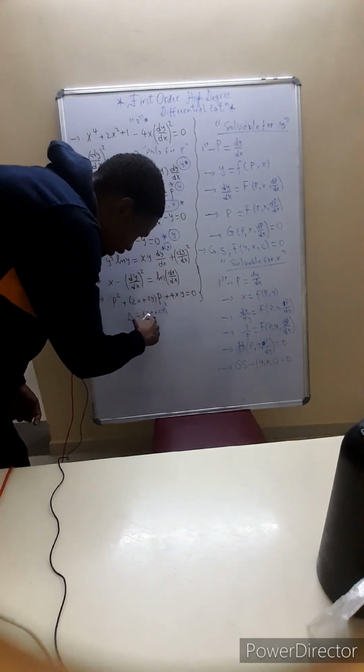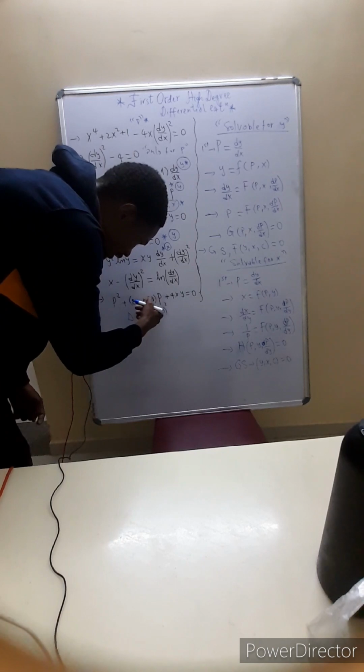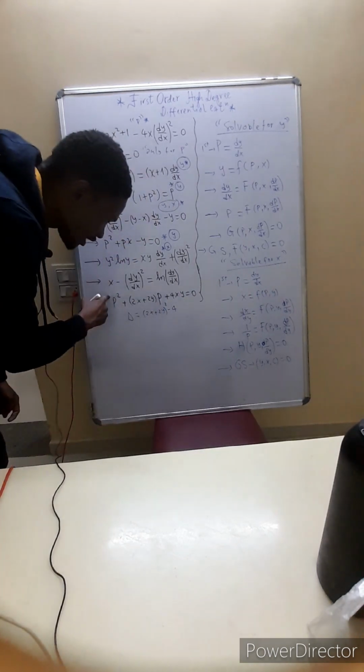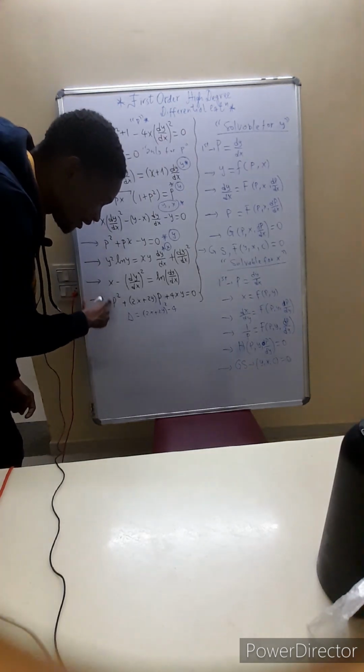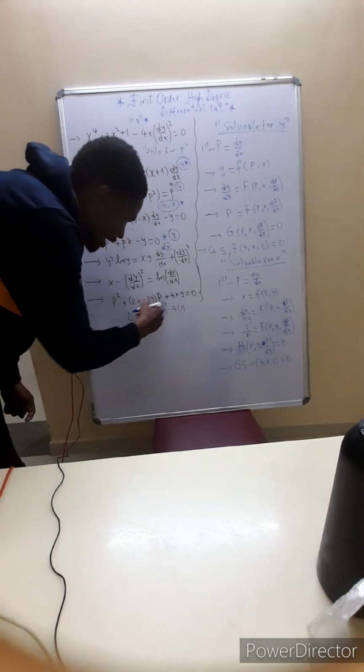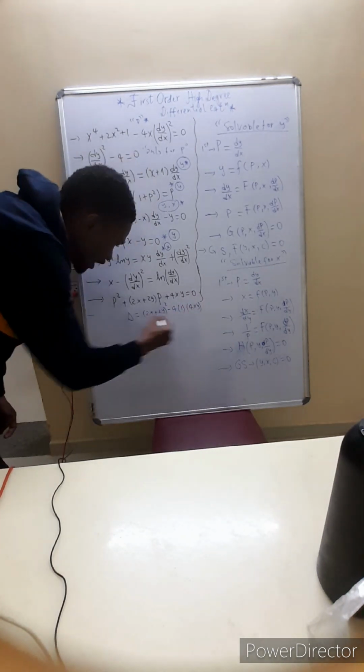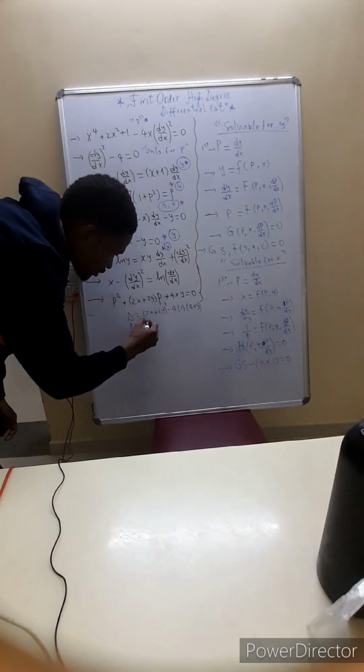You can see 2x plus 2y squared, that is your b squared, minus 4a, where a is the coefficient of p squared, that is 1, and your c is 4xy.